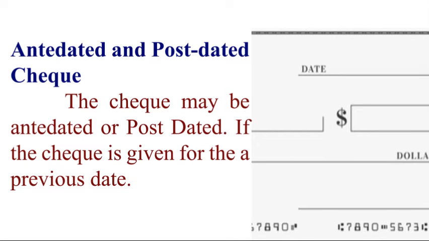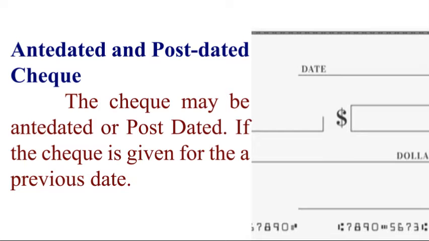Antedated and post-dated check. The check may be antedated or post-dated. A check is given by mentioning a previous date from the date of drawing it. That is, the check is given for the previous date. That date will be mentioned in the check.